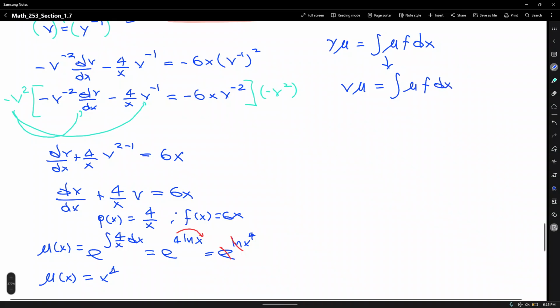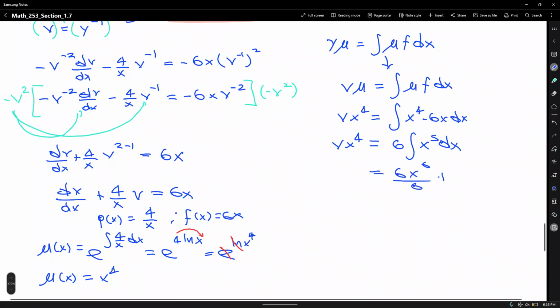Now let's substitute what we have: v mu, which is x to the fourth, equals the integral of mu, which is also x to the fourth, times f, which is 6x, dx. Then v x to the fourth equals 6 times the integral of x to the fifth dx. The integral of x to the fifth with respect to x is x to the 6 over 6, so v x to the fourth equals x to the 6 plus c.